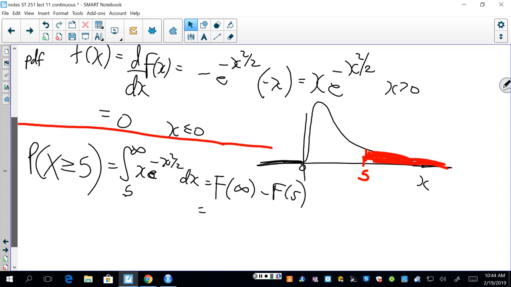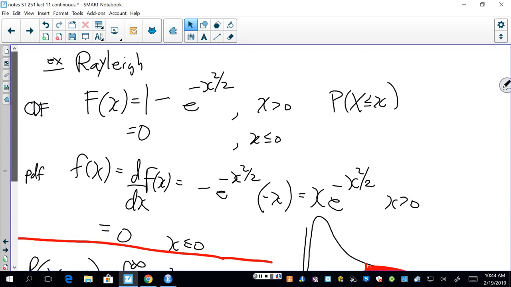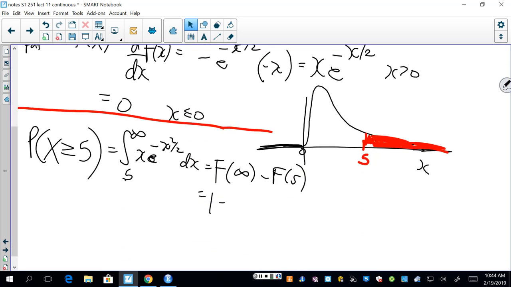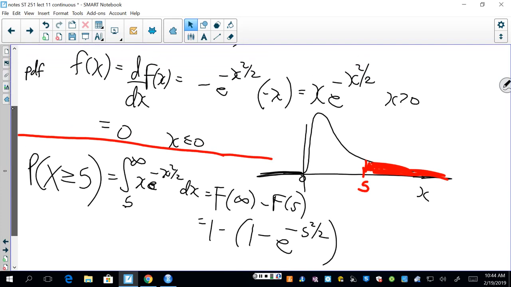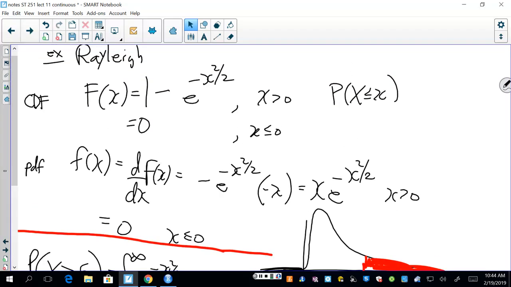The cumulative is 1 minus, well, as this goes to infinity, this part goes to 0 because it's like 1 over that. Like 1 over infinity goes to 0, so it goes to 1. So it's really 1 here. And this other one is 1 minus e to the negative 5 squared over 2. So I'm plugging in the 5 here.